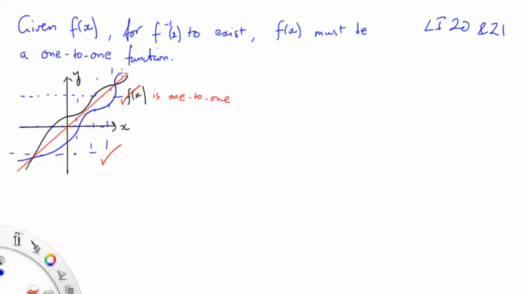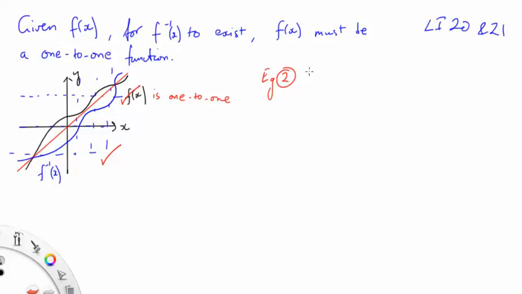So if you manage to sneak a ruler into your exam with a mirror on it and put it there, you could literally look into the mirror and see the inverse function. So if the black is f of x, the blue is the inverse function. So it means we might have to restrict the domain to make the inverse exist. I'll show you what I mean with a concrete example.